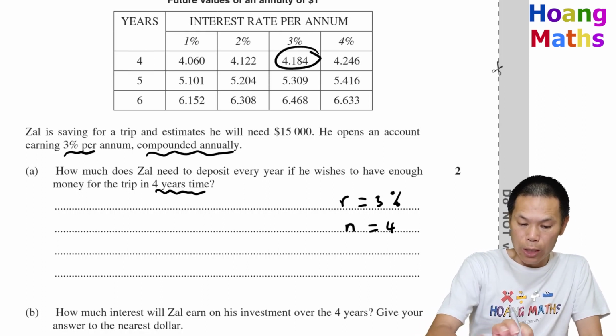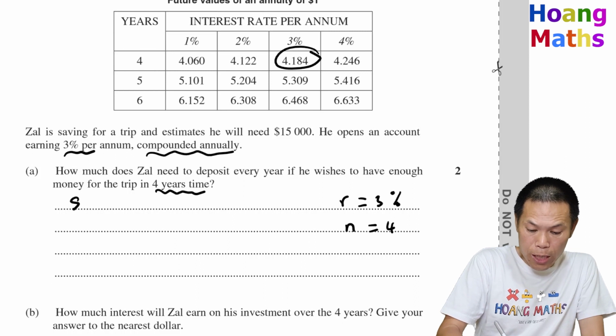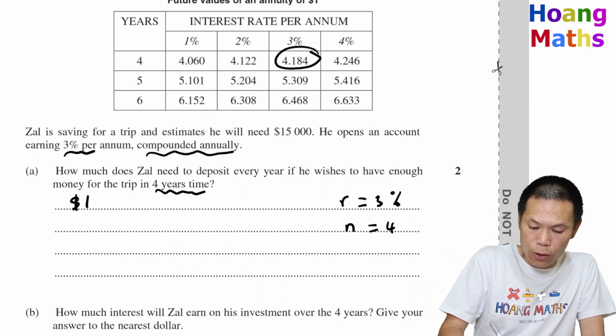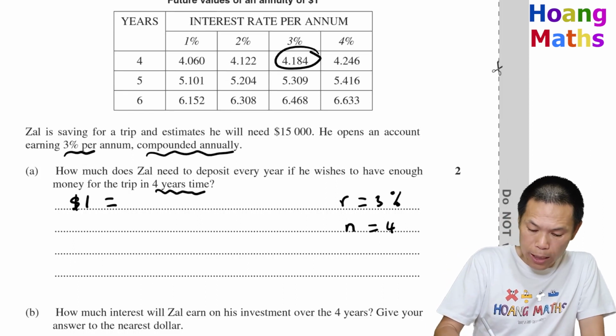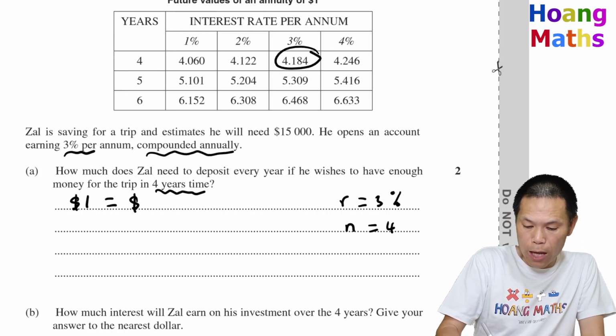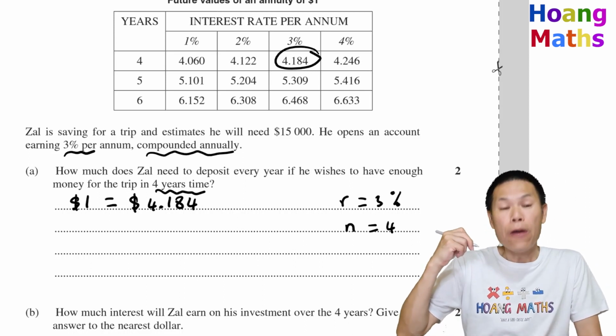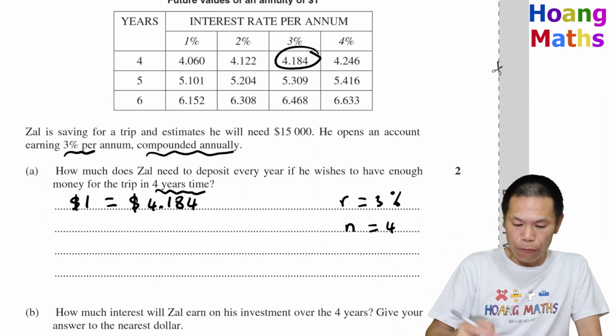So that means every dollar of annuity, an annuity of $1, the future value is $4.184.